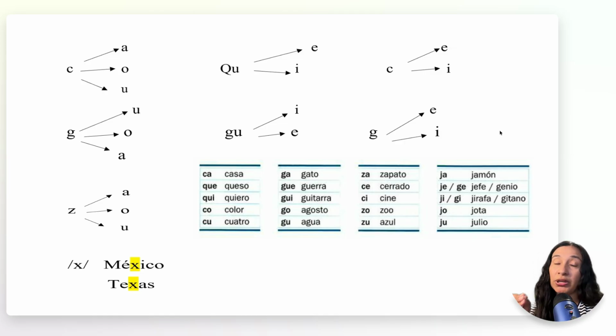So when you have the C and you have A, O, U, ka, ko, ku. But what happens if we have this combination over here? The C with the E, la C con la E, is se. So it's not K. C and E, C and I, is se, si.